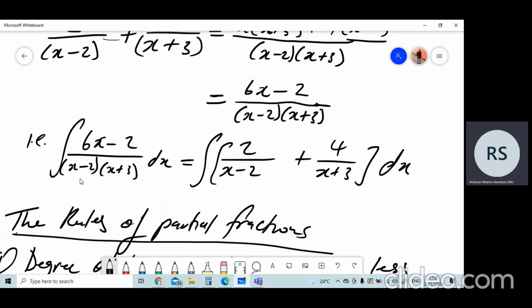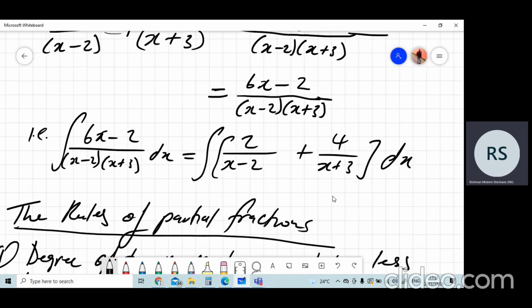So the highest power of the numerator should always be less than the highest power of the denominator. That's why we are able to put this into partial fractions, because the degree of the numerator, 1, is less than the degree of the denominator, 2.